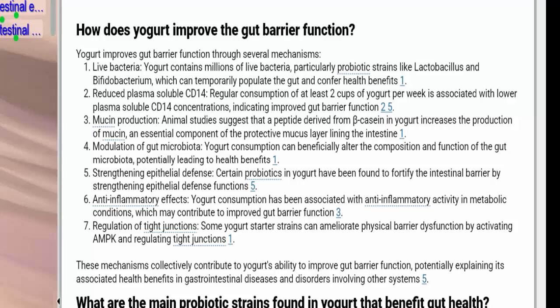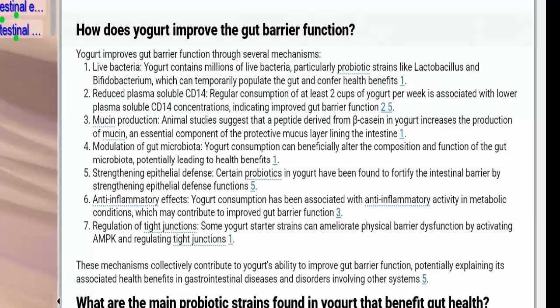Some yogurt starter strains can ameliorate physical barrier dysfunction by activating AMPK and regulating tight junctions. Again, if you don't know what some of these things mean, you can look them up using the search function. You could look up, for example, AMPK in the search box, find out what that is.